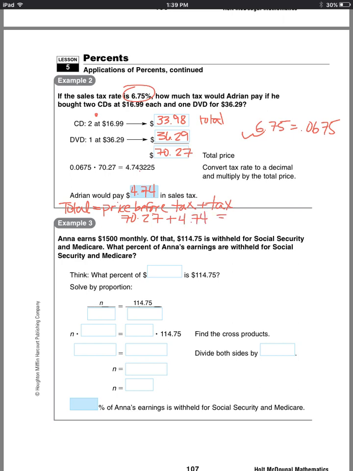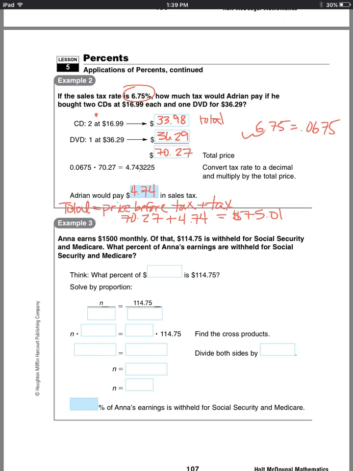So when you would go up to the cash register to pay, you wouldn't just need $70.27. You would need, what's $4.74? $75.01. Okay? So if it asks you for how much was the total bill, you would need to add that tax to how much your stuff was before.